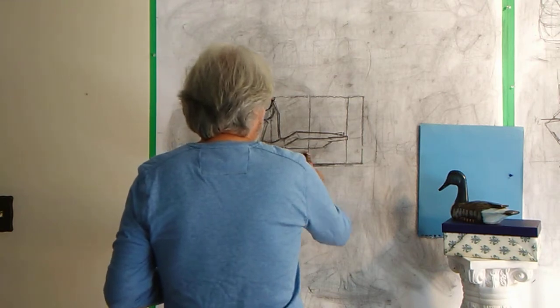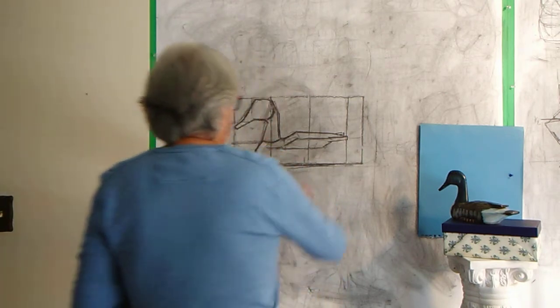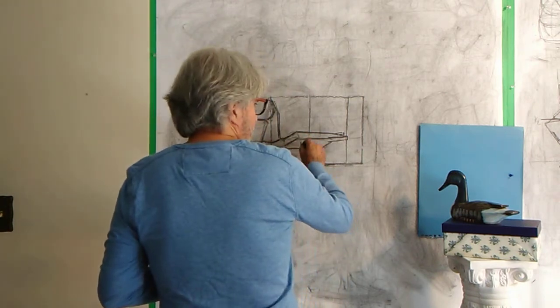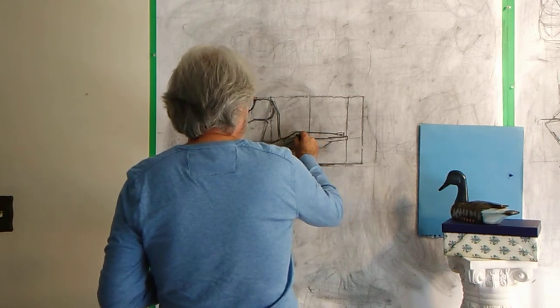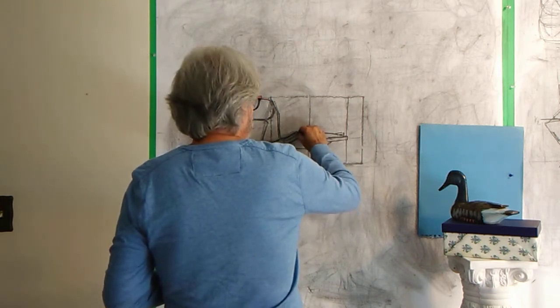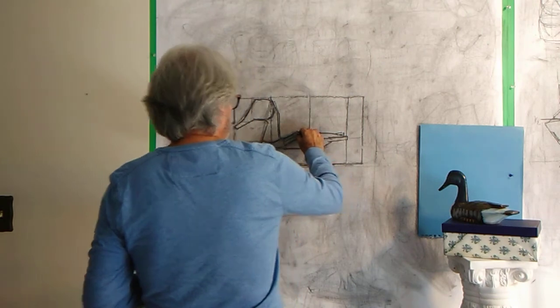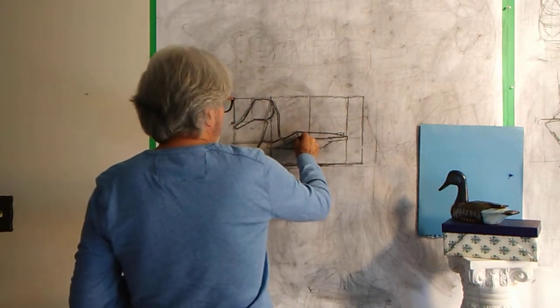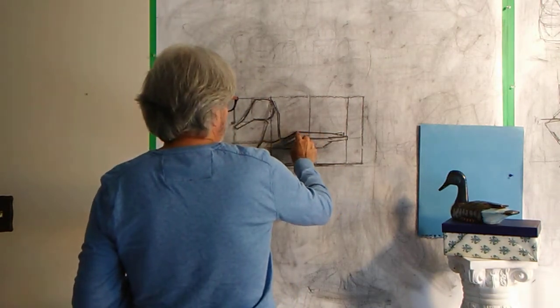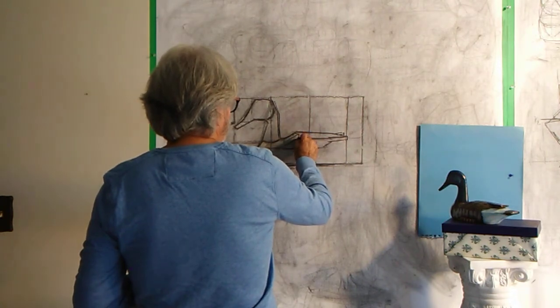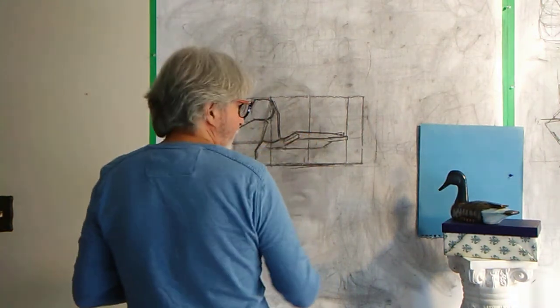So I'm putting in now some inside planes to this guy. There would be a center line that would be way over here, and then this would take an angle going back, and then this one would come forward, which would give me the curve I'm looking for. Once we get into perspective, we'll talk a little more about that.